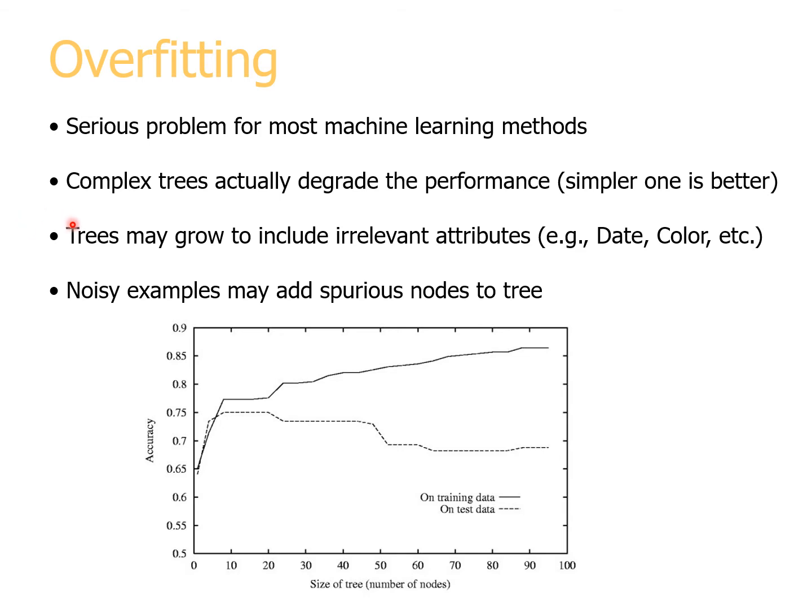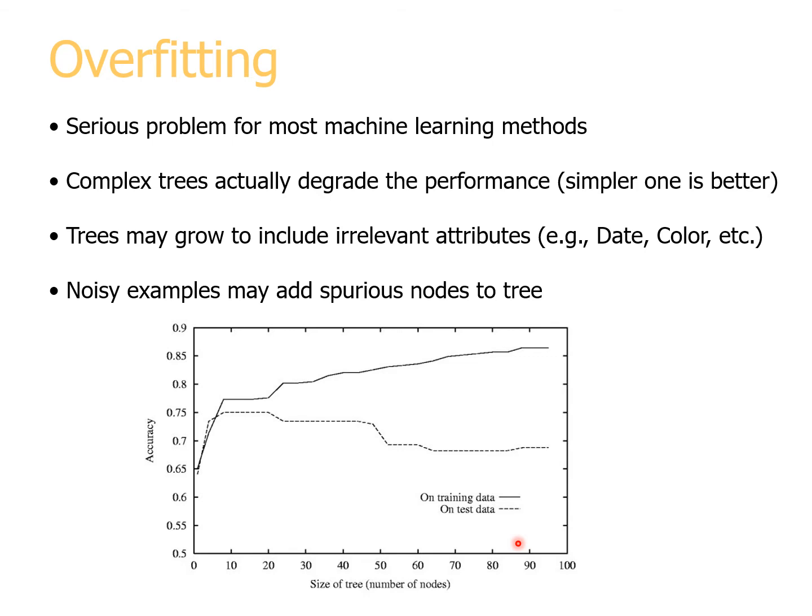The first reason is, think about it. If you increase the size of the decision tree, that means you keep adding attribute nodes, right? When you build a decision tree, you keep adding attribute nodes. But in the beginning, the attributes are pretty good. If you remember, when you select an attribute, you select it based on information gain or gain ratio.